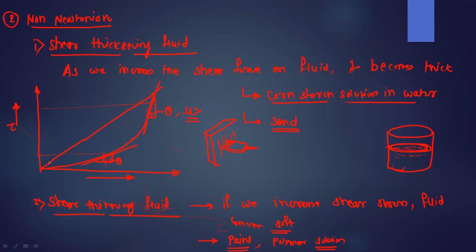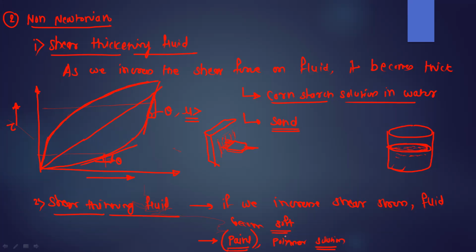Okay, so actually you get the graph like this, exactly the mirror image of the first graph. At the low value of stress, it has high viscosity. You can see here the slope is large, and the slope gradually decreases as we increase the shear stress. So it becomes softer. So this is called shear thinning fluids.